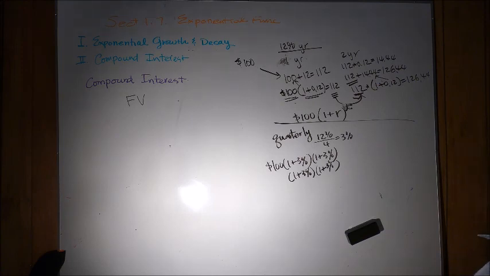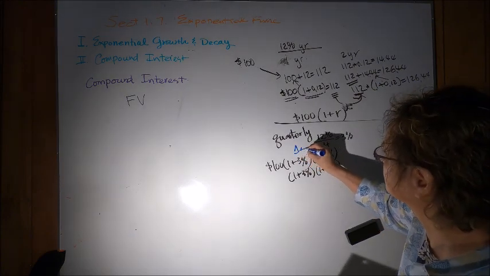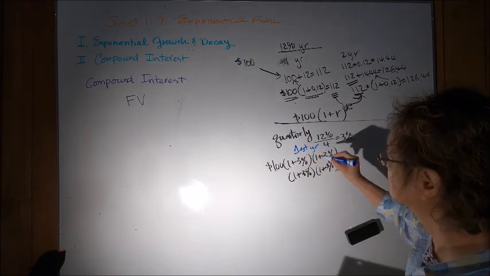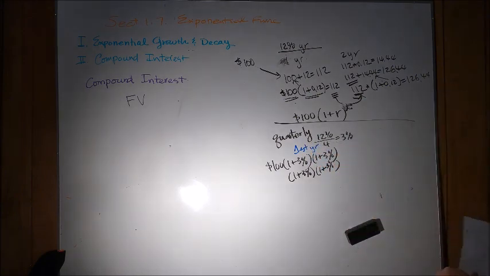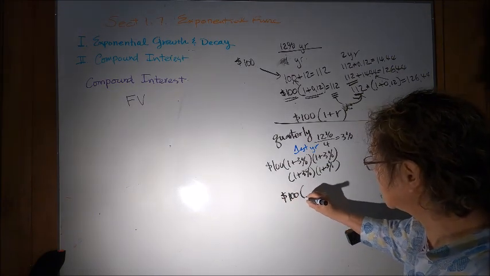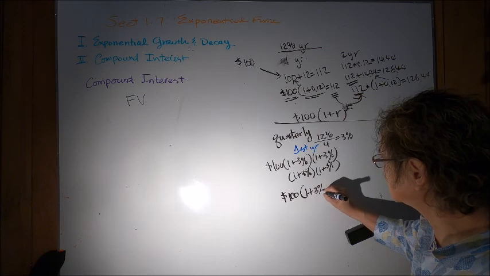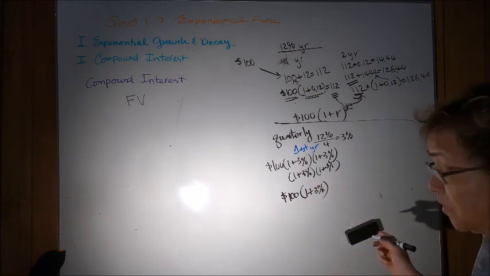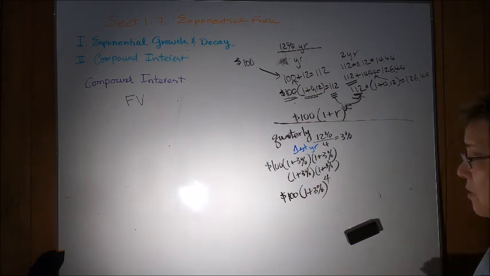So that would be still your first year, right? So in a way, how do you calculate? You do 100 times what? 1 times 3% to how many times per year? 4 times, right?